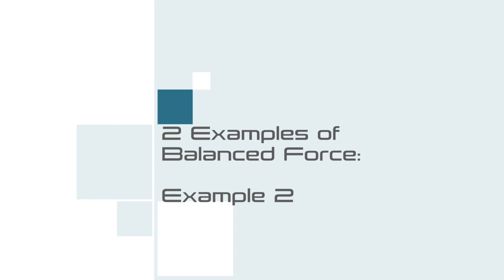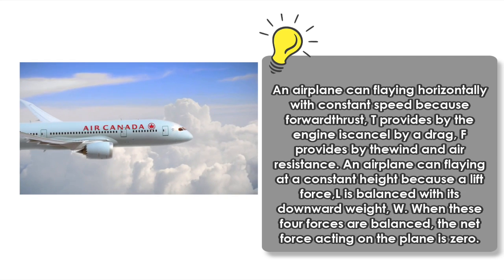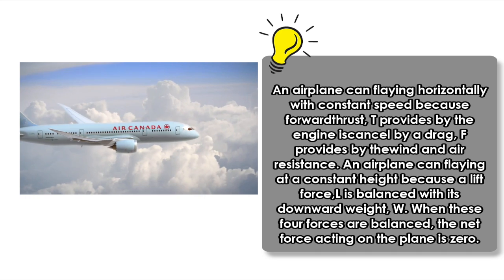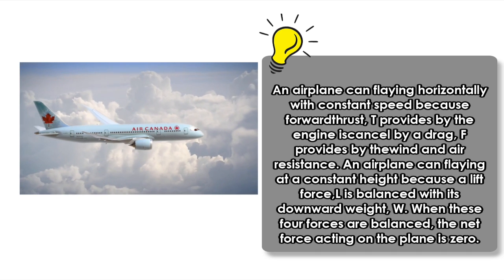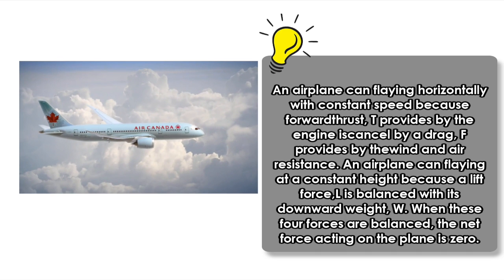Example 2. An airplane can fly horizontally with constant speed because the forward thrust T provided by the engine is cancelled by the force F provided by the wind and air resistance.